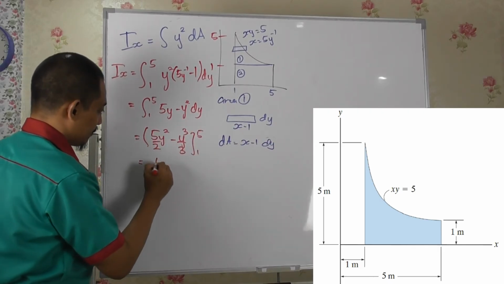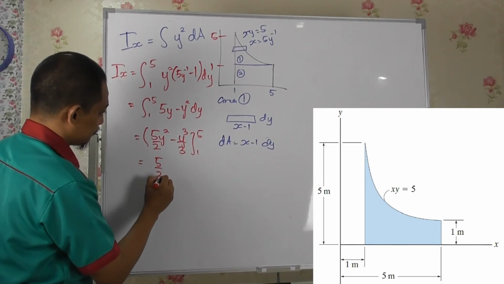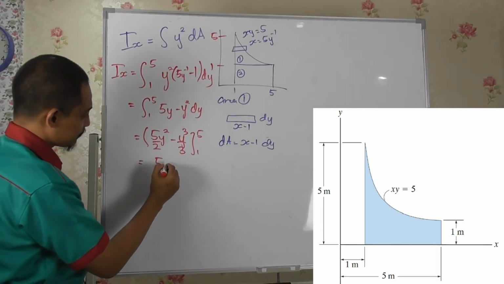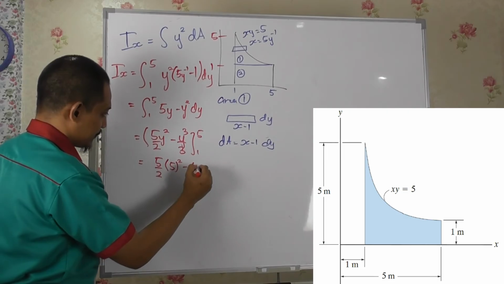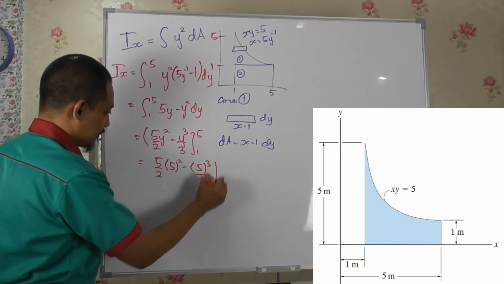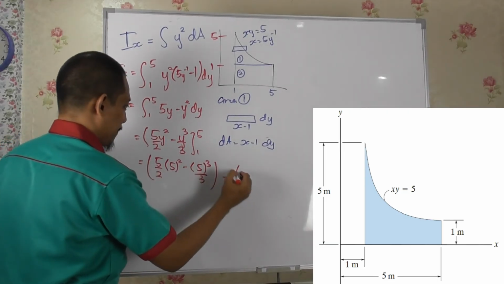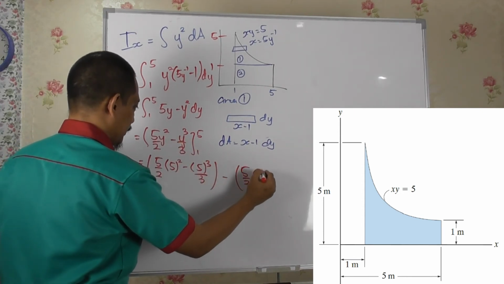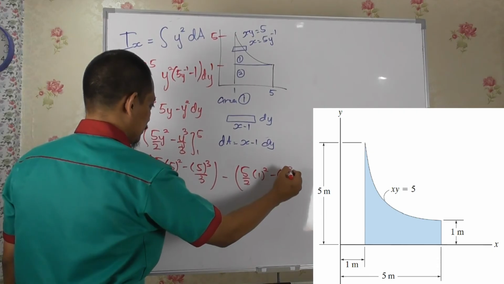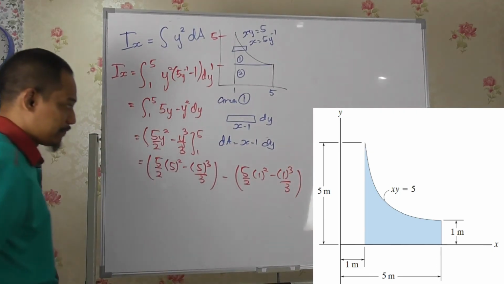So you'll get 5 over 2 times 5 square minus 5 cube over 3, minus, when you plug in 1, 5 over 2 times 1 square minus 1 cube over 3. You get this one, right?